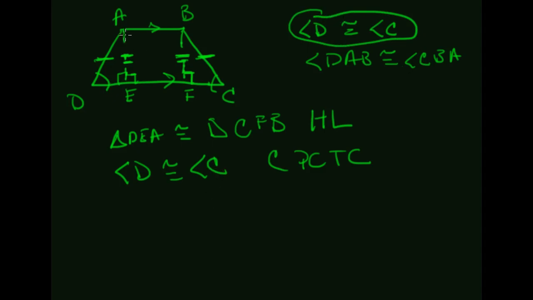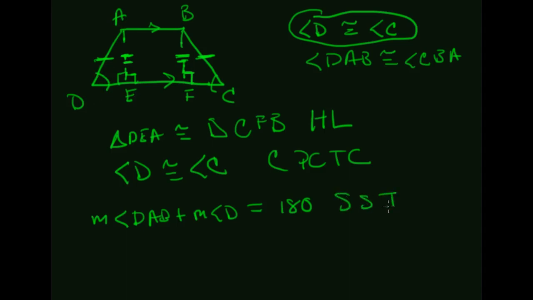Well, if I take a look at this, I know that the measure of angle DAB plus the measure of angle D has to equal 180, because these are parallel lines and that's a transversal.